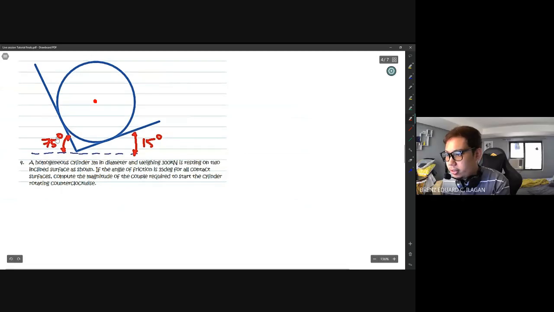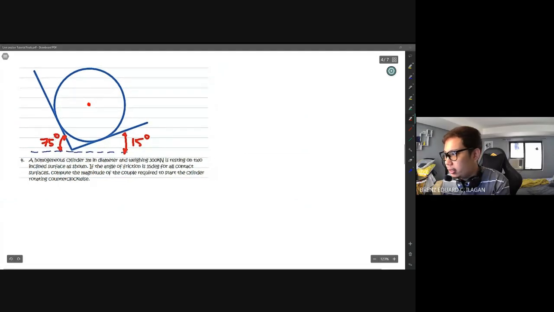So again, for this problem, we need to identify kung paano mag-move yung system natin. Pero unlike the previous problem, ang gagamitin natin is yung normal force only.